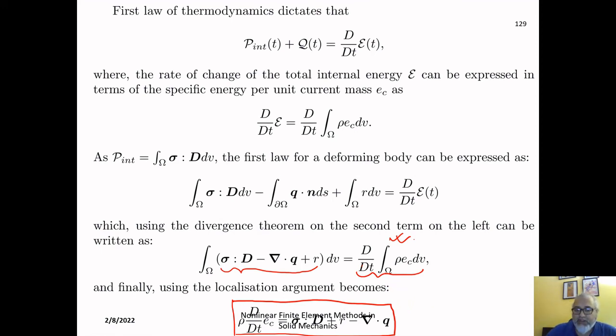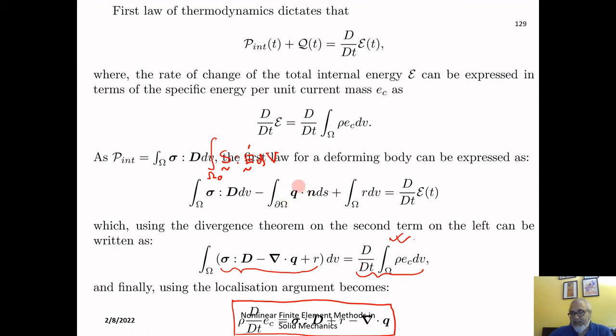Now we can write this in the undeformed configuration also. To do that, we first have to write this statement in the undeformed configuration. We already know that sigma d is the same as, let's say, S E dot d capital V over the undeformed configuration.